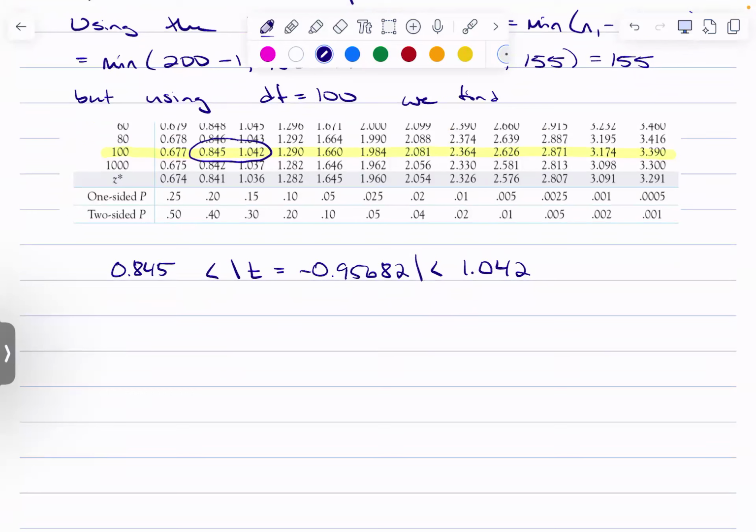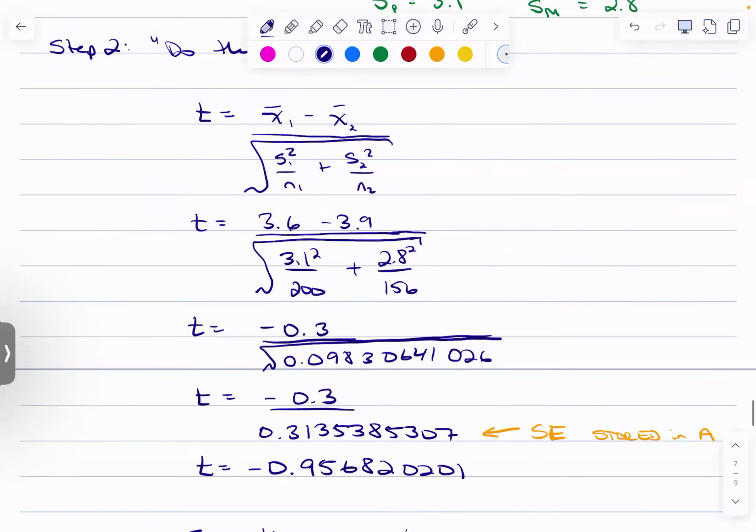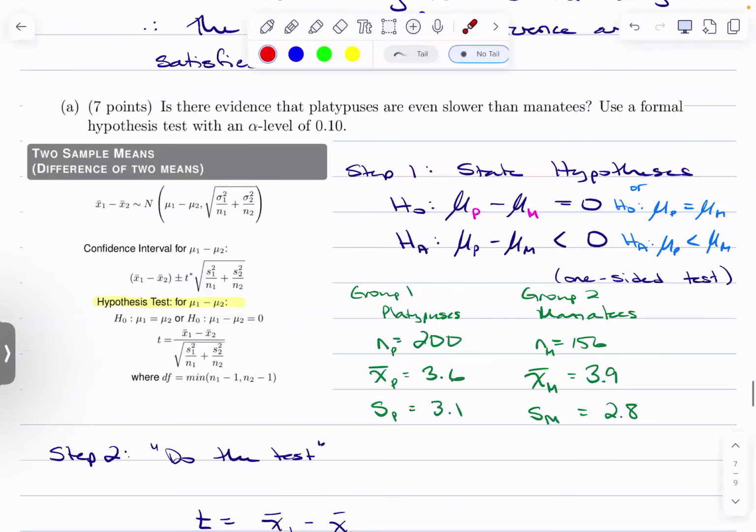So then we have a one-sided test or a two-sided test. Go all the way back up here. I want to know if it's less than 0, which means I have a one-sided test.